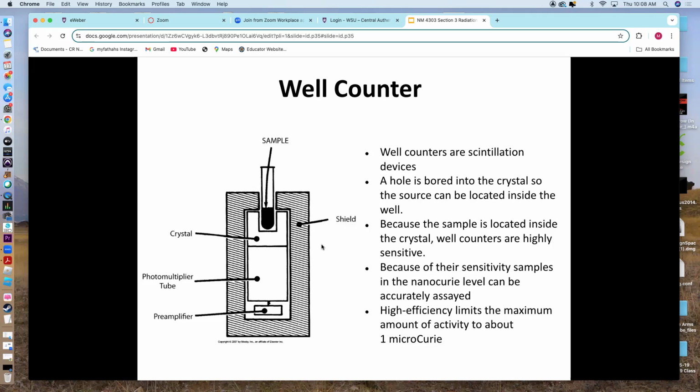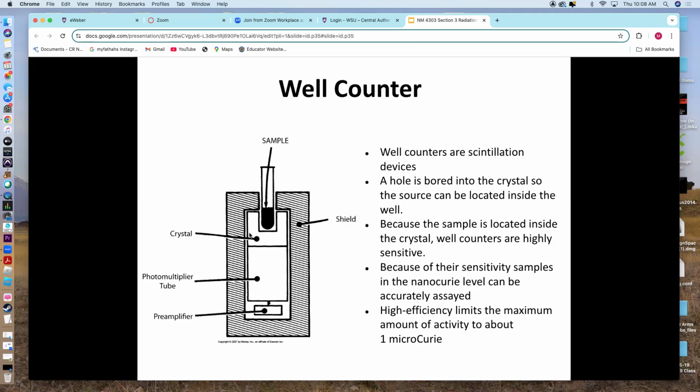If you put something higher than a microcurie in, it would give a reading, but it can't be accurate because the system can't gather the data fast enough because there's so much that it overwhelms, right? So you're getting kind of a paralyzed type effect. You're getting a reading, but you're not getting all the reading. Some of that is just not seen because it overwhelms the system because it's so sensitive.